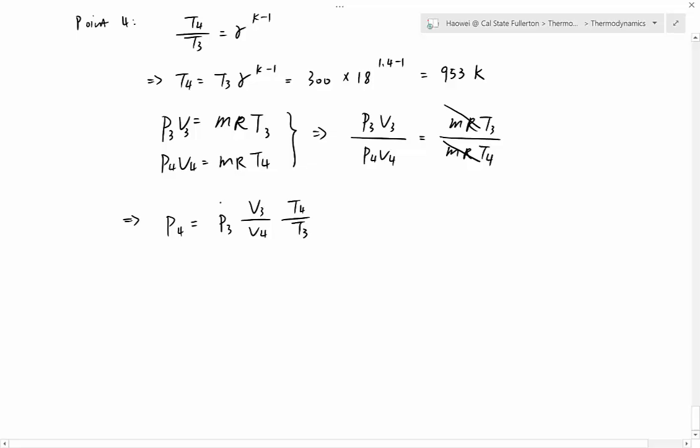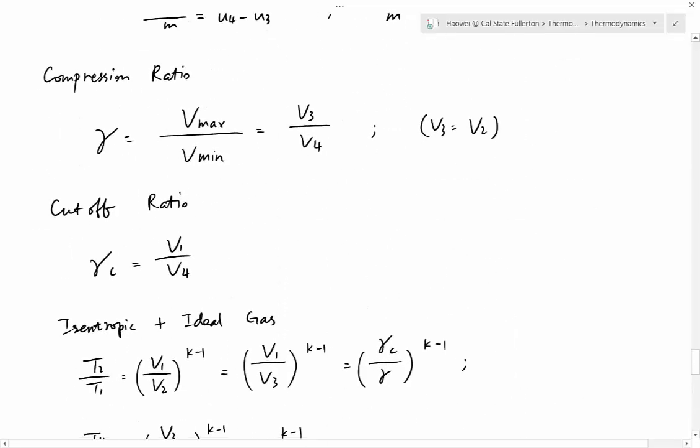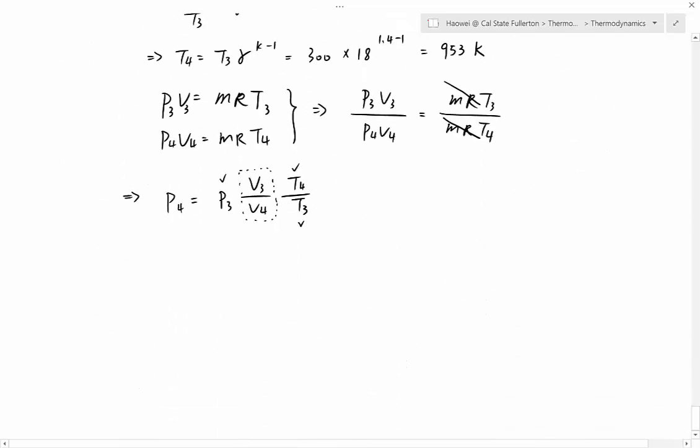We do have P3, we do have T4, we do have T3. We just don't have V3 over V4. But what is V3 over V4? Let's go back. V3 over V4 is the definition of gamma. So we do have gamma: P3 times gamma, times T4 over T3.